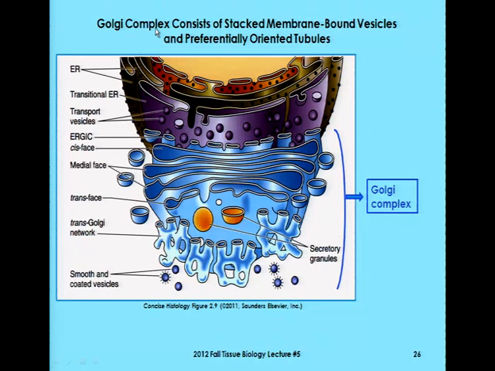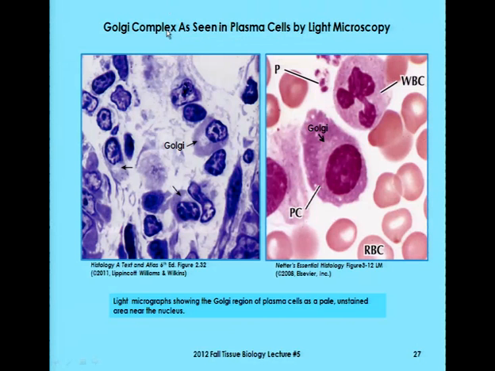Okay, the Golgi complex consists of stacked membrane-bound vesicles and preferentially orientated tubules. Now, at the light microscope level, the Golgi complex can be seen as a lighter staining region next to the nucleus.